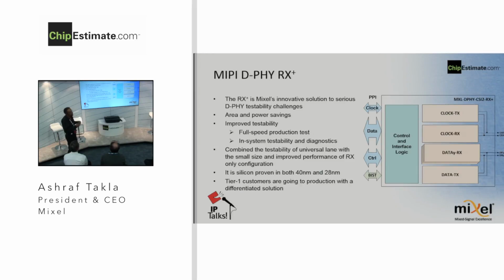And by doing that, area is smaller and there is the ability to lower the power, and this has already been silicon proven in 40 nanometer and 28. It's already in production in 40 nanometer in automotive applications, and going to production in 28.